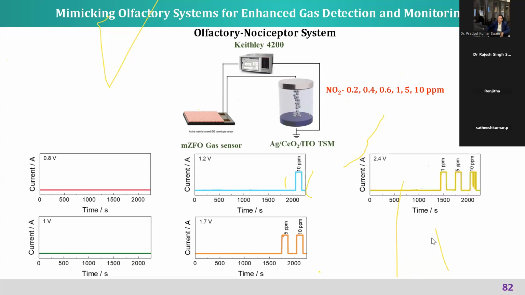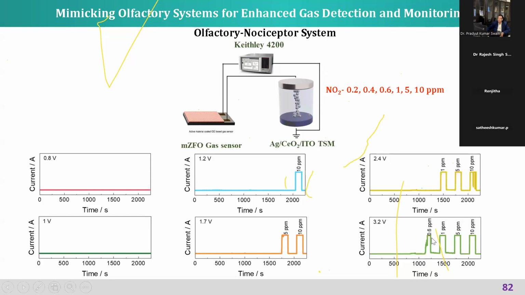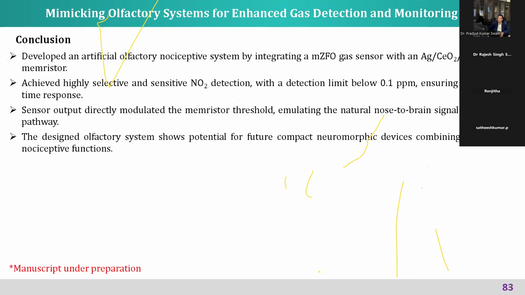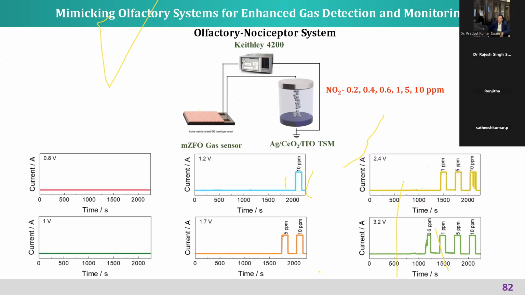And when you go to 3.2 volt, for example, the sensor starts responding to very low concentrations. We can change the bias and teach the gas sensor at what concentration it has to measure. This is a kind of olfactory nociceptor system, and this is ongoing work which we are doing.